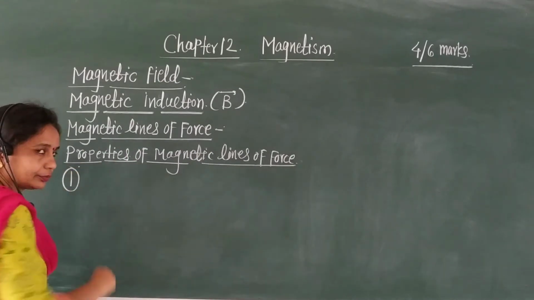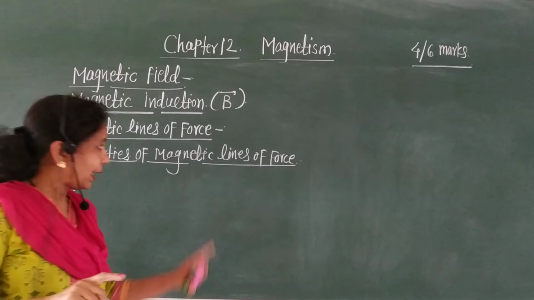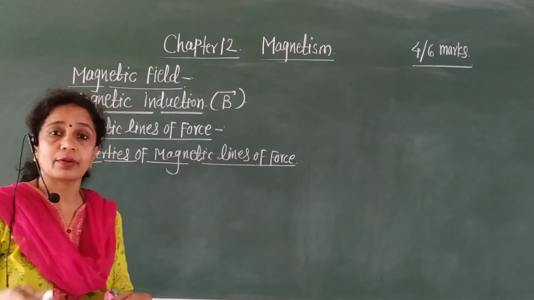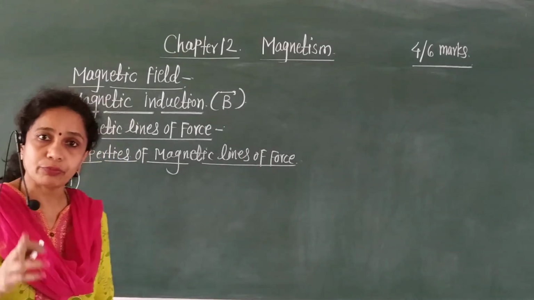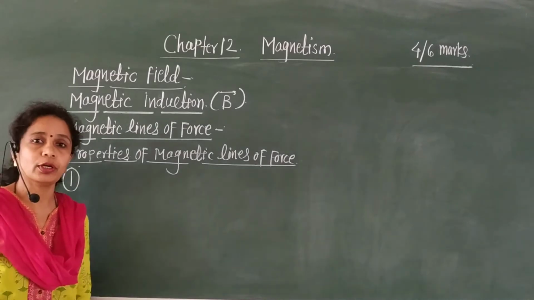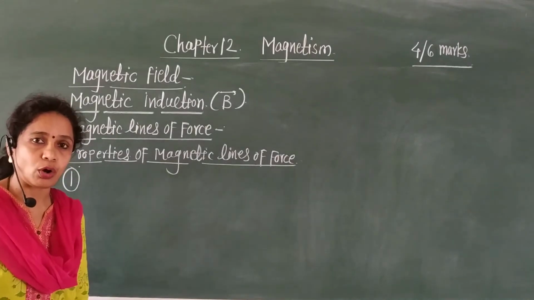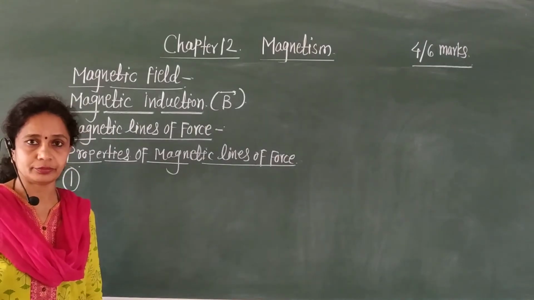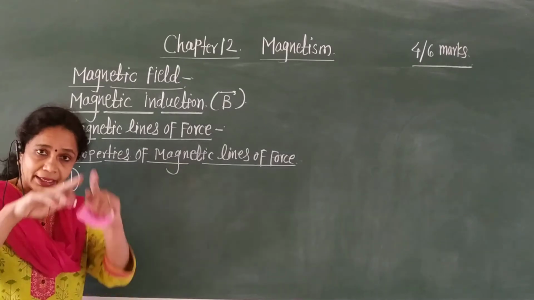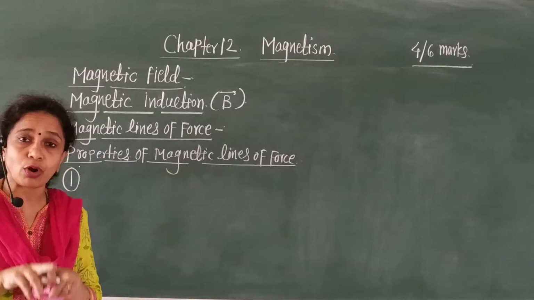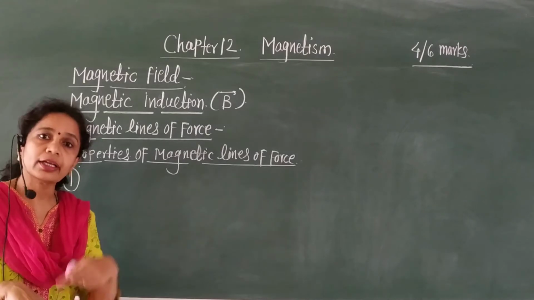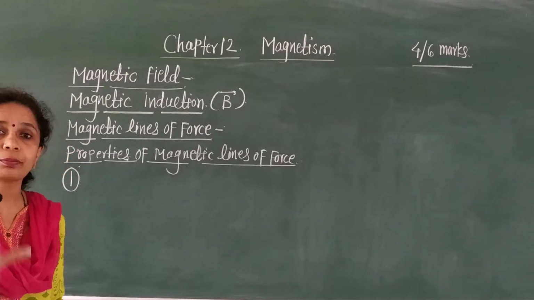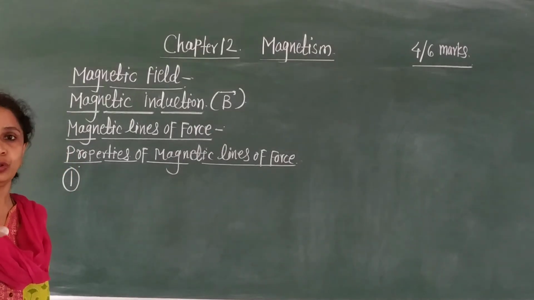First, magnetic lines of force always start from North Pole and end on South Pole. The magnetic lines of force of a magnet or a solenoid form a closed loop.